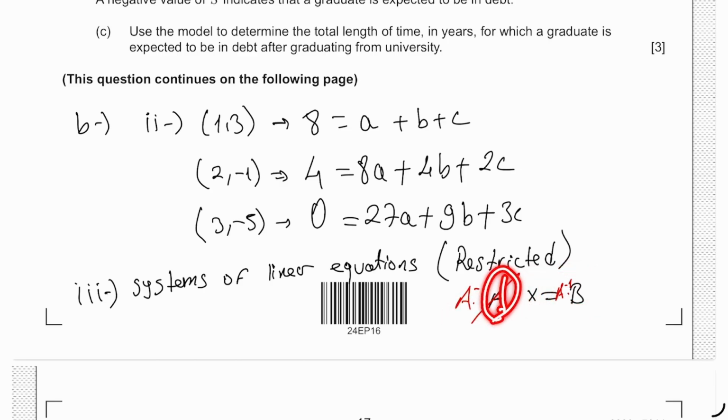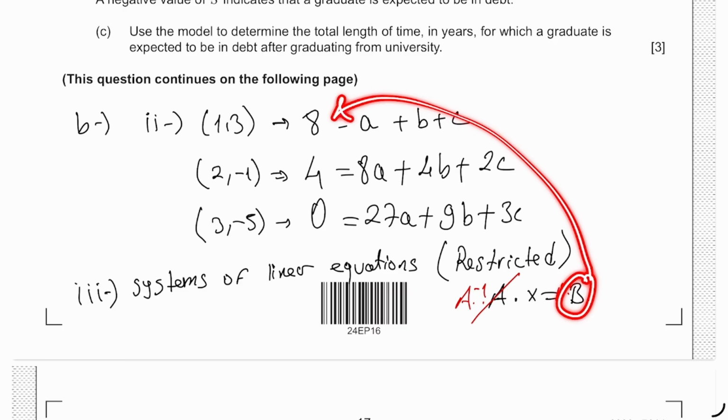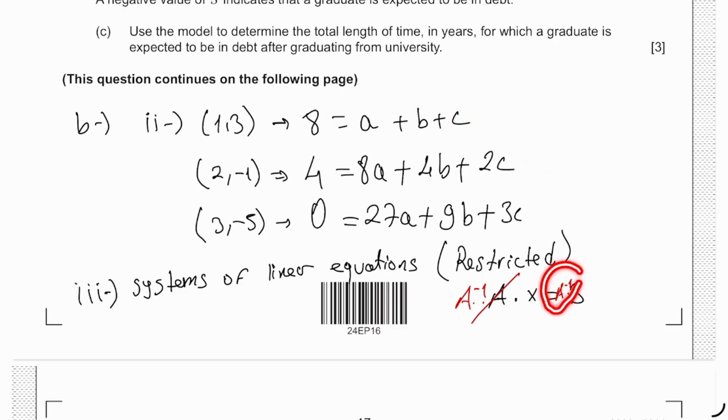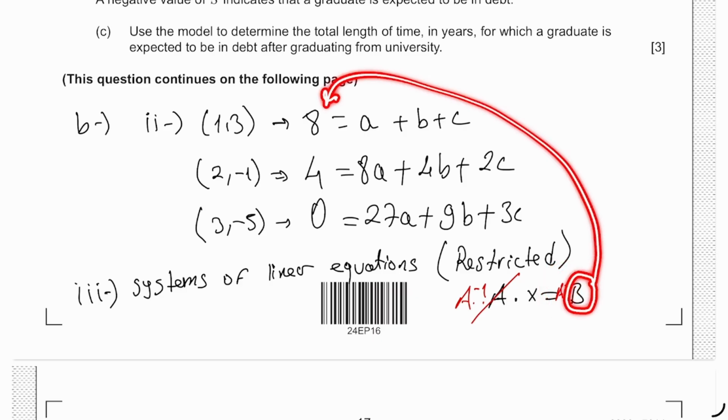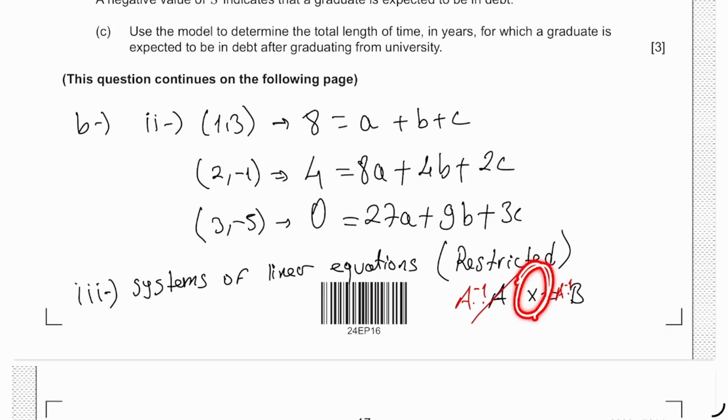What is our matrix A here? Our matrix A is called the coefficient matrix, which holds the coefficient values. And B is our resultant matrix. So if we find the coefficient matrix inverse and multiply it with the answer matrix, it's going to give us the x values.